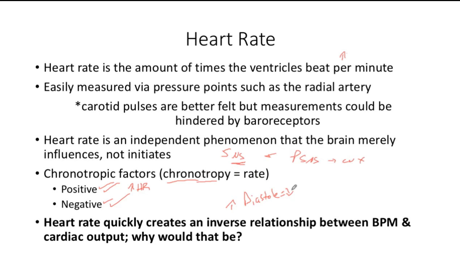So therefore, as heart rate starts to climb to higher and higher levels, that means there will be less filling time for the ventricles, and obviously if there's less filling time, there will be less blood for them to eject. So heart rate can actually be a detriment to cardiac output. However, we will talk about factors that overcome the increased heart rate and the decreased time in diastole.